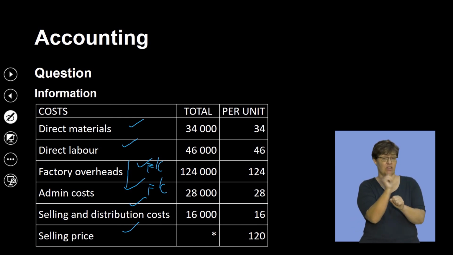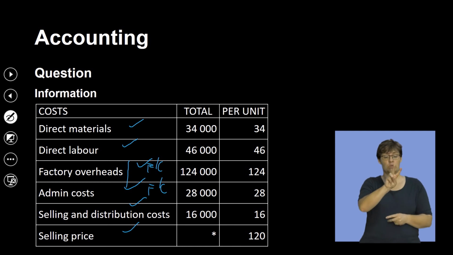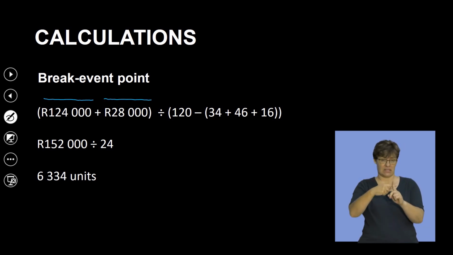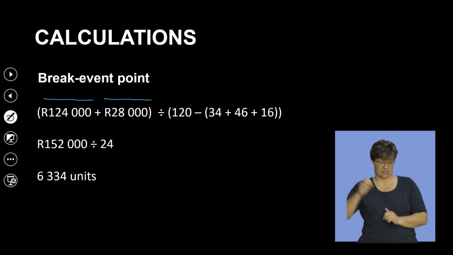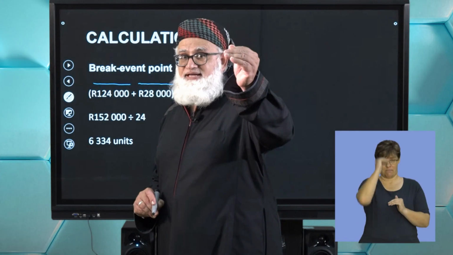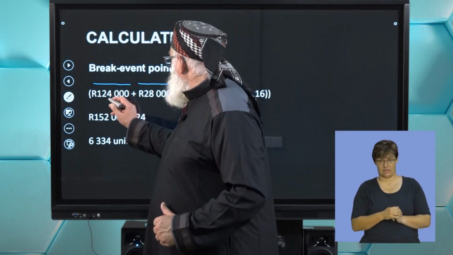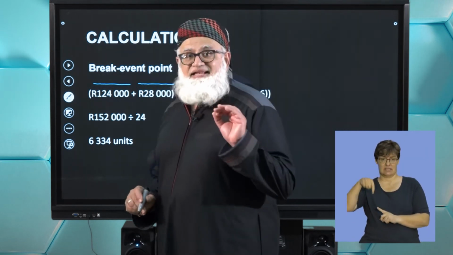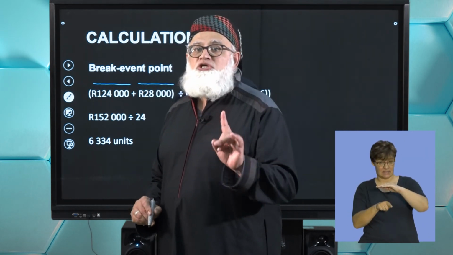Factory overheads plus my admin cost. So it's 124,000 plus 28,000. I have that as my numerator, right? Divide that by my contribution per unit.